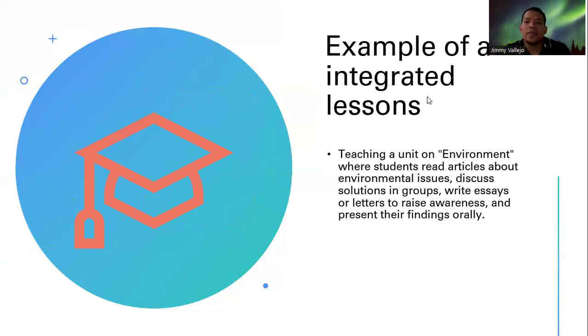Okay, here I have an example of an integrated lesson. For example, teaching a unit about the environment. The first thing that the students have to do is read an article about environmental issues. This is when we are using the first skill, that is reading.